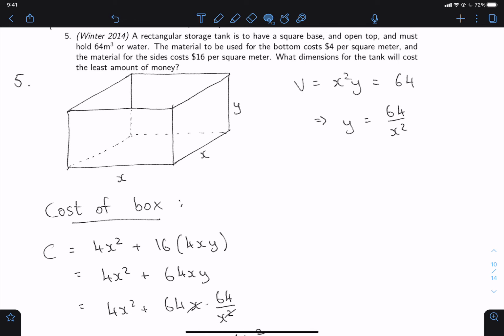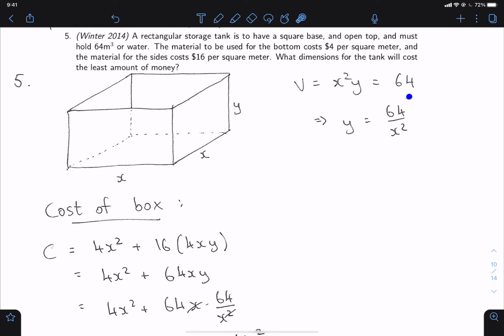Question 5 here. Now it has a square base, just like question 2, right? So the box is like that. And then we're going to denote the height by y. So the volume is x squared times y, which is equal to 64, right? But that is not our target function, because the volume has been fixed.